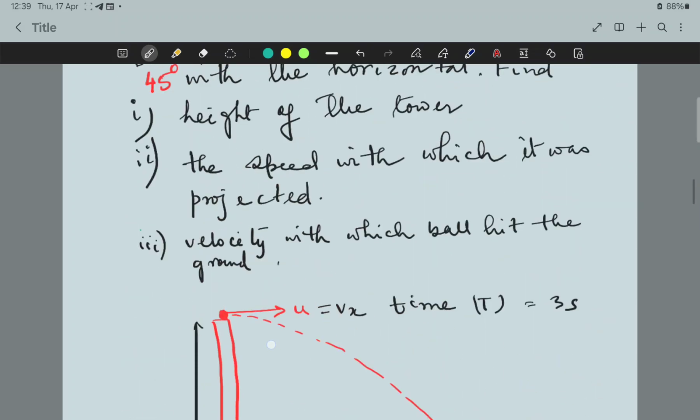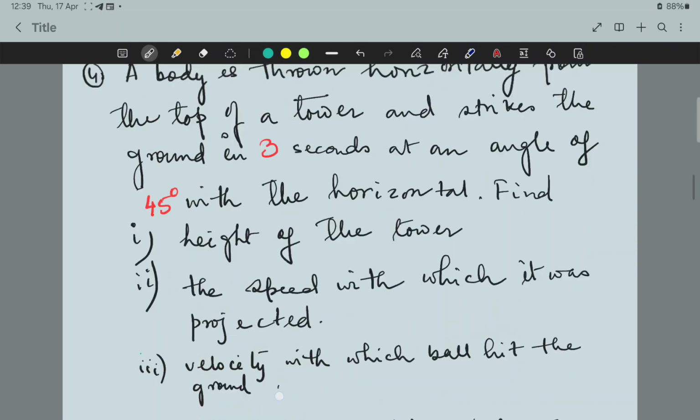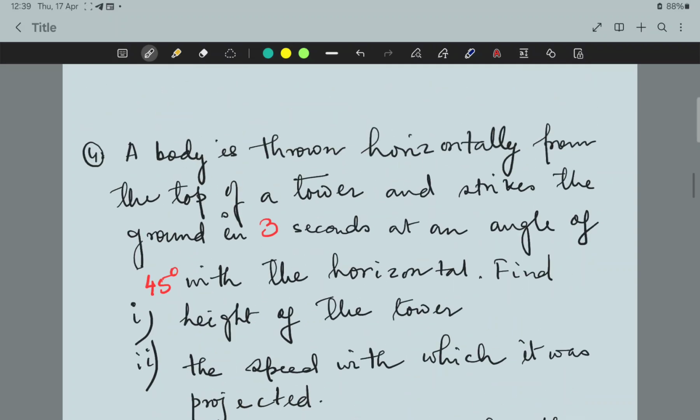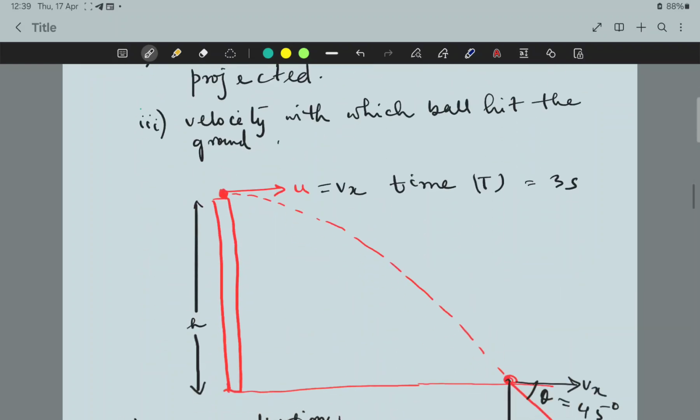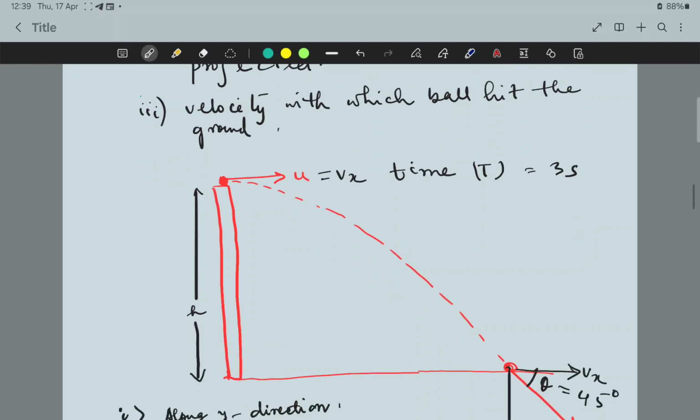So the second part is done, that is the speed with which the object was thrown from the top of the tower, the velocity with which the object was projected in the horizontal direction.